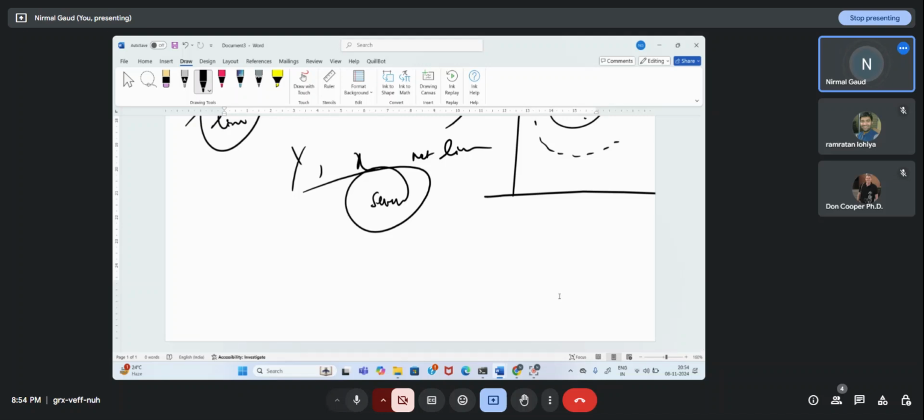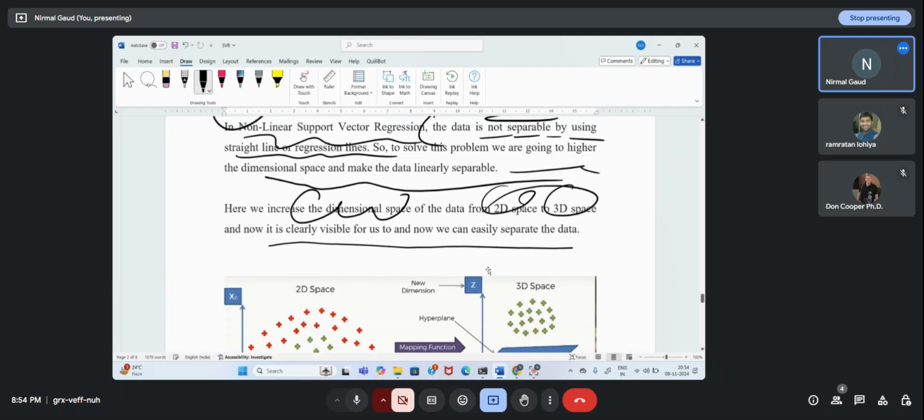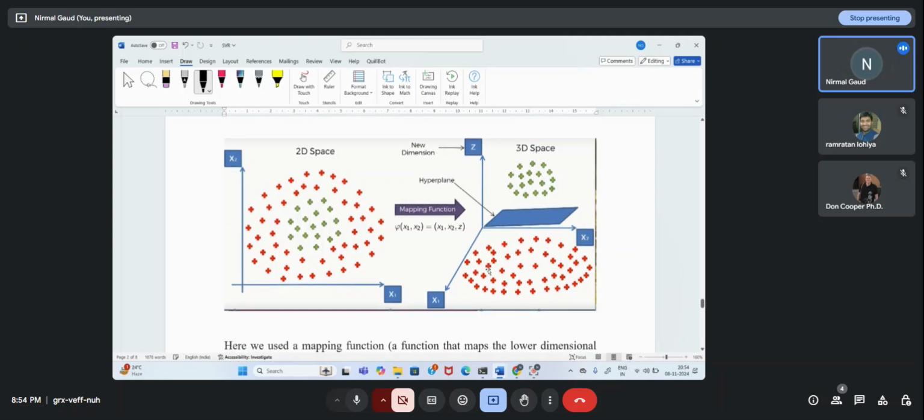Here we have to make an epsilon tube for the regression, but they are referring to the concept for non-linear in this way.